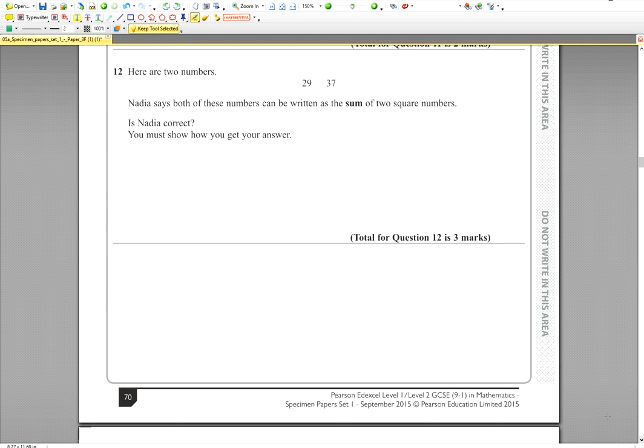Here are 2 numbers. Nadia says both of these numbers can be written as a sum of 2 square numbers. Let's write down some of our square numbers. So you have 1 squared, 2 squared, 3 squared, 4 squared, 5 squared, 6 squared. 1 squared is 1, 2 squared is 4, 9, 16, 25, 36.